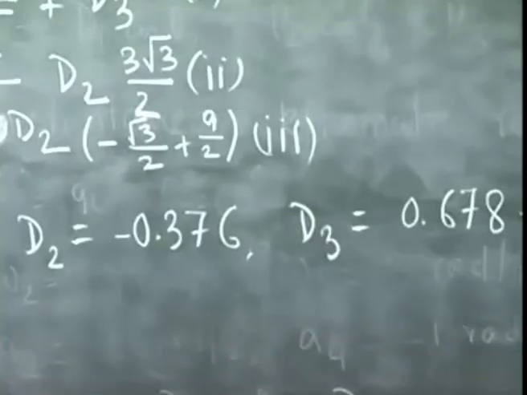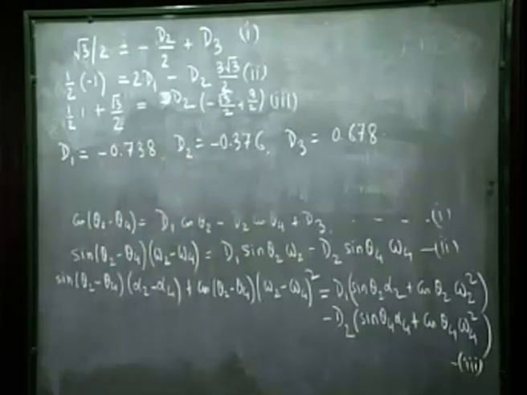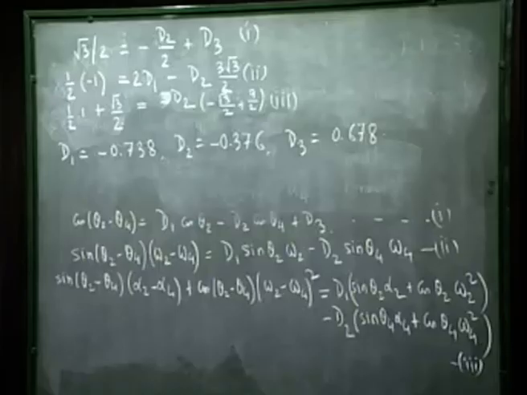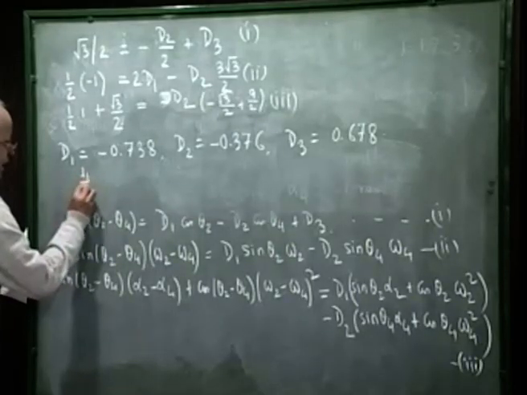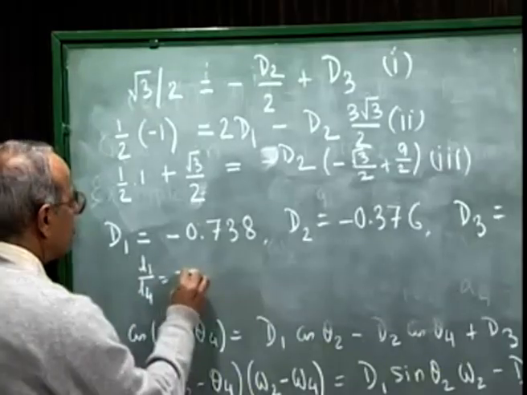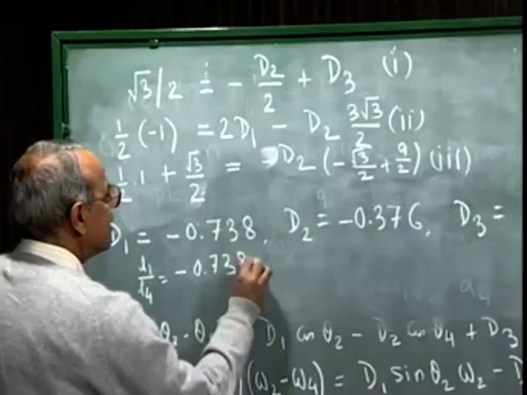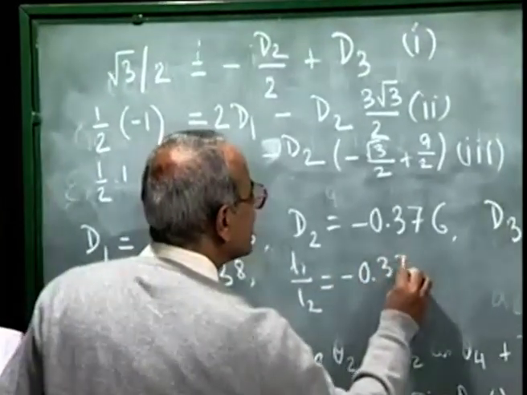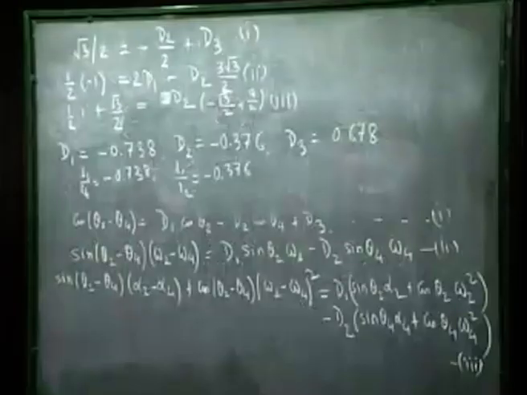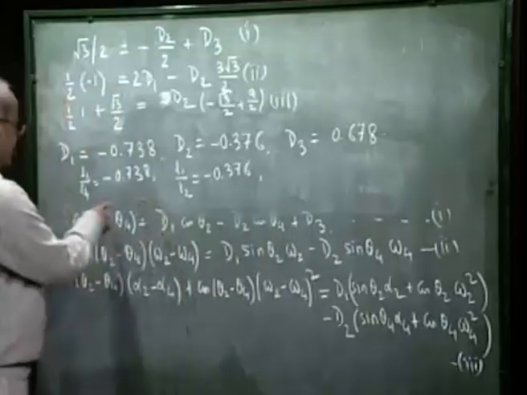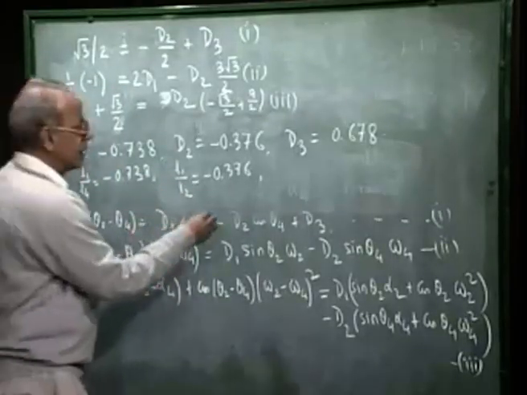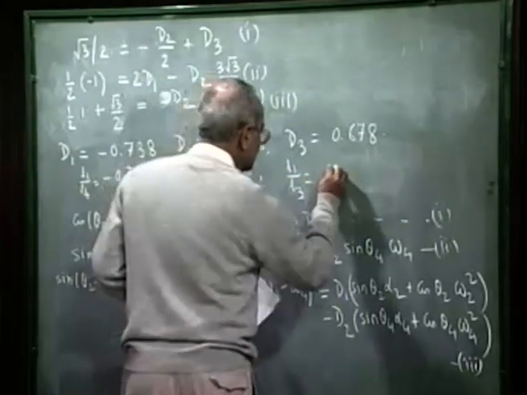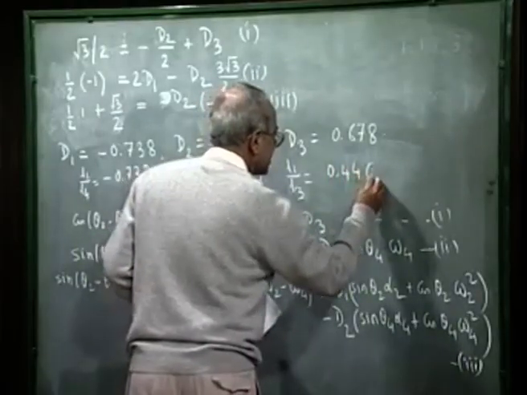As we said earlier, d1, d2 can come out to be negative, and in this particular problem d1 and d2 are turning out to be negative, which means L1 by L4 is minus 0.738, L1 by L2 is minus 0.376, and from d3, if I substitute these values of L4 and L2 in terms of L1, we can find out L1 by L3, which turns out to be equal to 0.446.